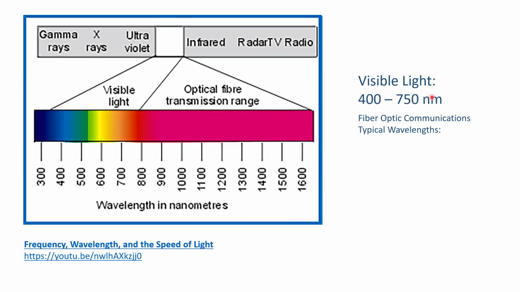Now, where are we here? Fiber optic communication typical wavelengths would be, now, the light frequencies that are being used, we are not expressing in hertz. We are flipping them around a little bit, and we are expressing them in wavelengths.